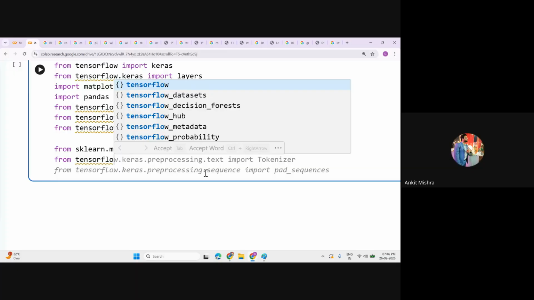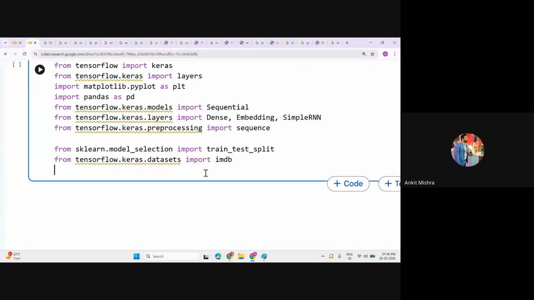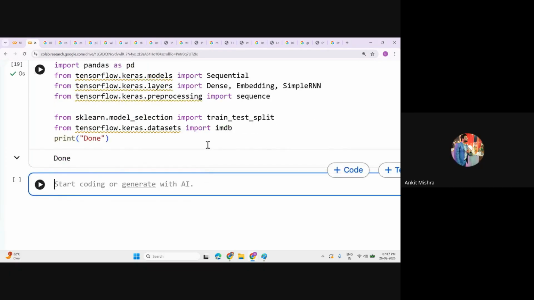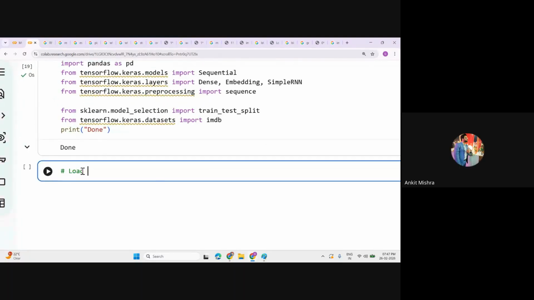So from tensorflow.keras.datasets, let me call the IMDb dataset. Yes, this is the dataset that we want. Now let me write done. Because we have called this IMDb, it will understand we are building a project for IMDb.